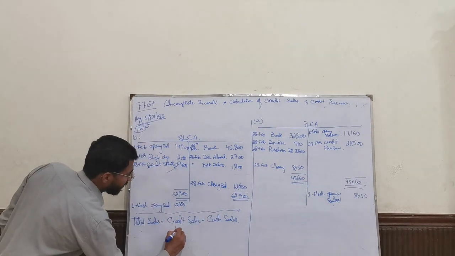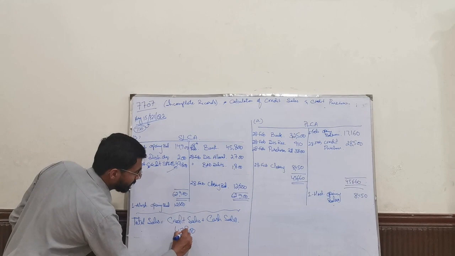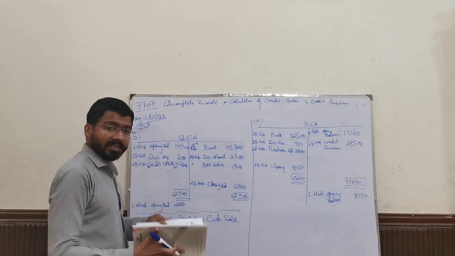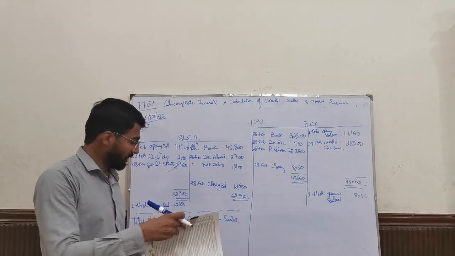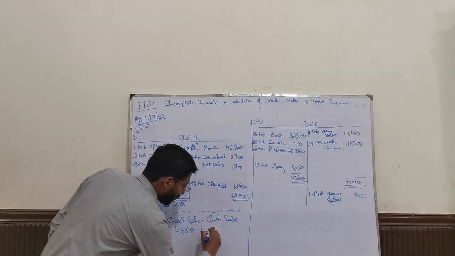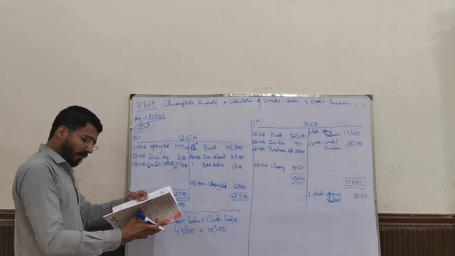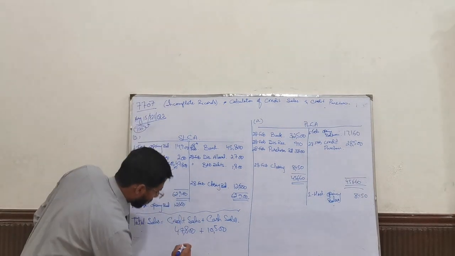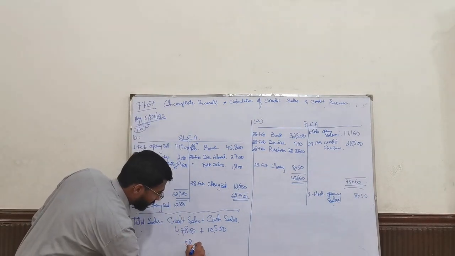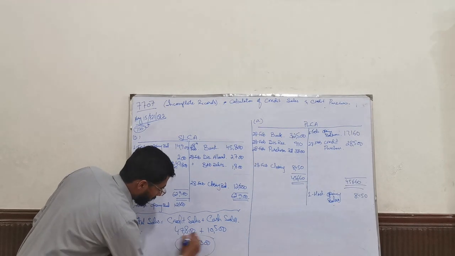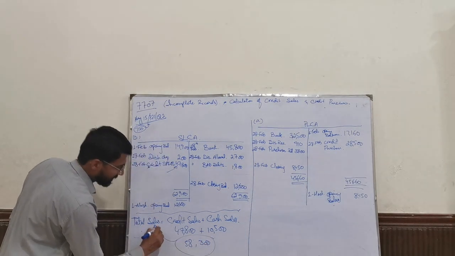My credit sales are 47,800 and my cash sales, it was mentioned in the question, 10,500. My total sales are 58,300. This is my total sales.